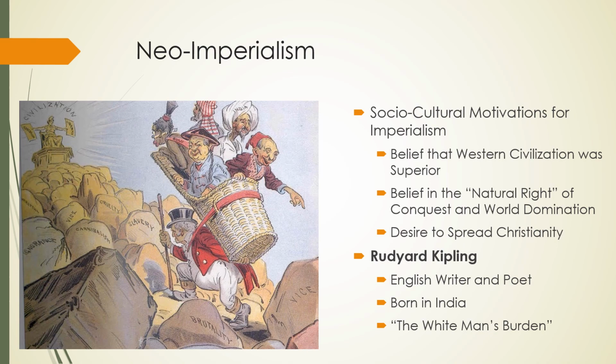He has to overcome these obstacles to bring these people to civilization. So this was called the white man's burden. This is a socio-cultural motivation for imperialism that a lot of people wouldn't agree with today, but at the time it was seen as a good thing. This is a good thing that these people in the West are doing, that they're conquering these nations, bringing civilization to these people.